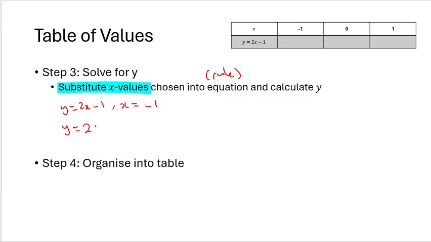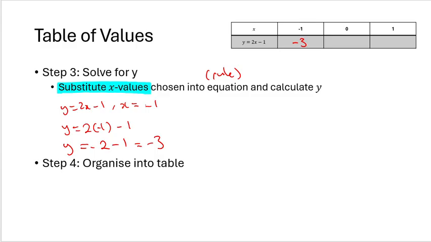So y equals 2 bracket -1 minus 1. And then this should be pretty straightforward from here on out. You have 2 times -1 is -2 minus 1. And -2 minus 1 is just -3. So you can just put -3 in the box right there.